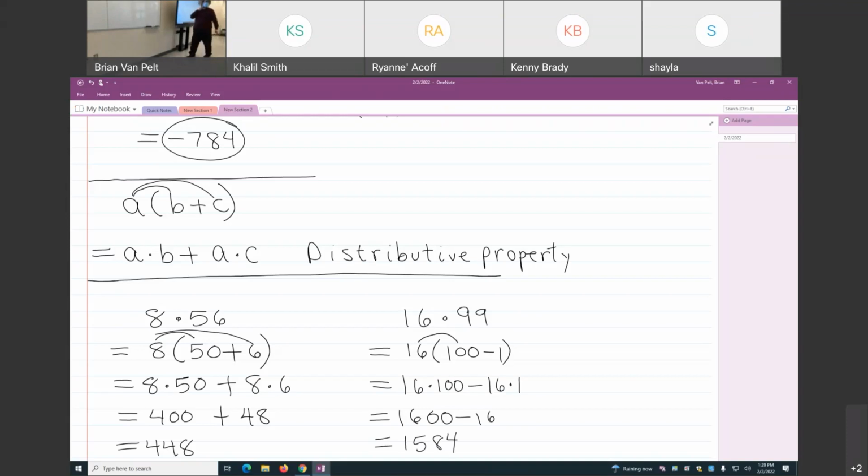So those kids that use extraordinary powers to multiply things are making use of the distributive property to do it. Let me show you one other thing.